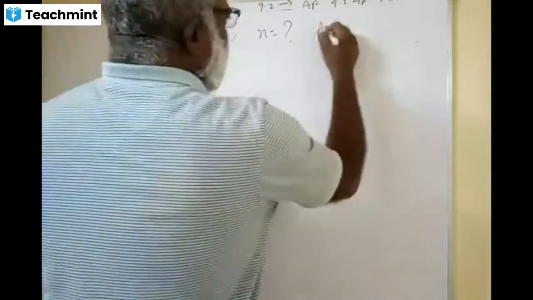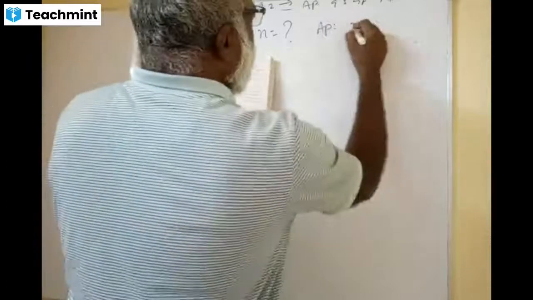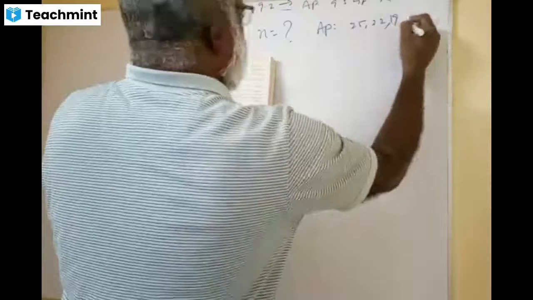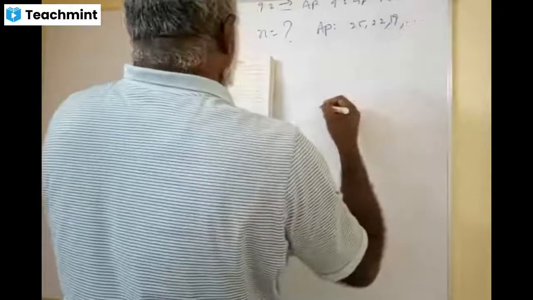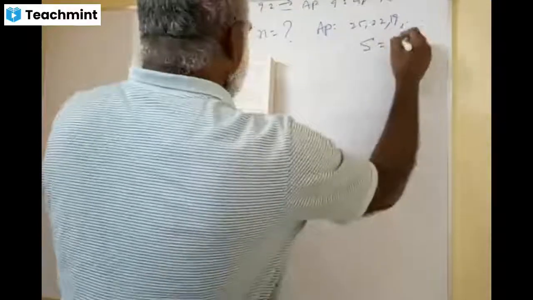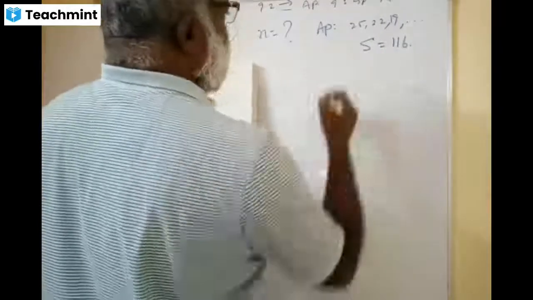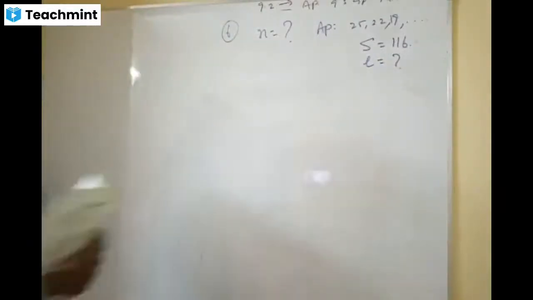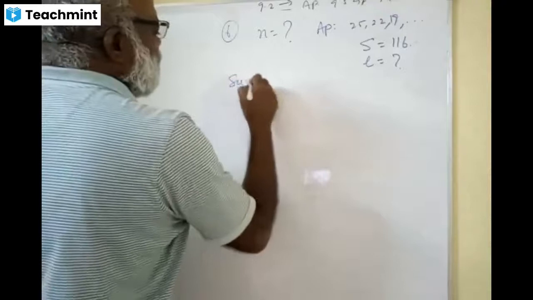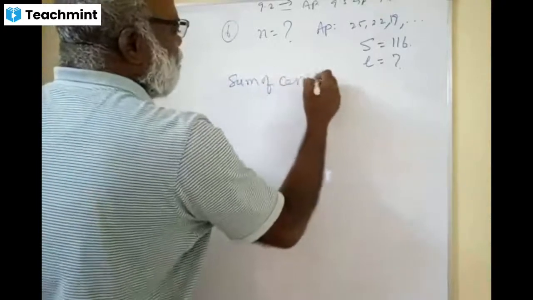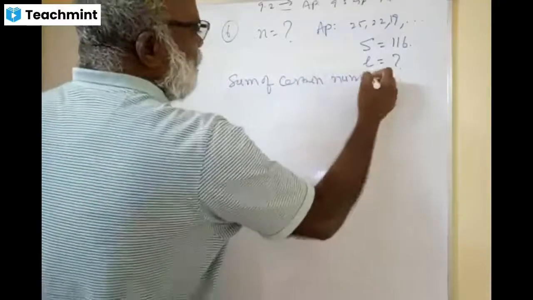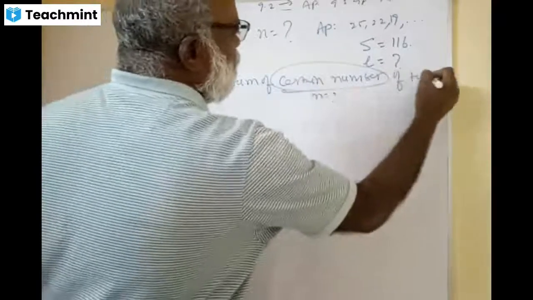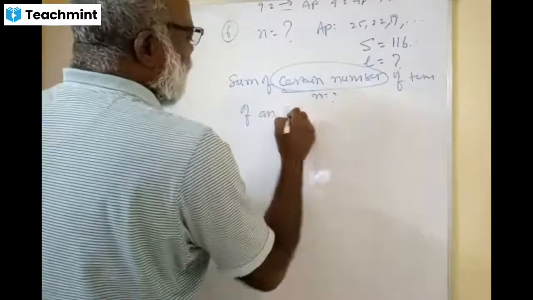And the AP is given. What is that AP, please? 25, 22, 19, etc. And the sum is 116. Find the last term. That is also there. They said sum of a certain number of terms of an AP, where n is a question mark.